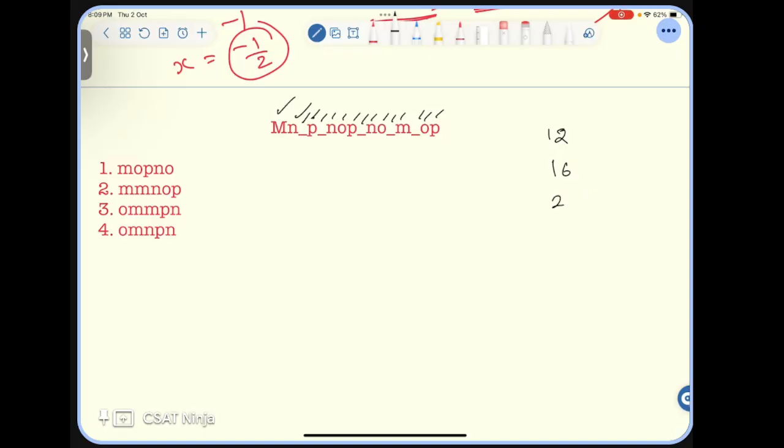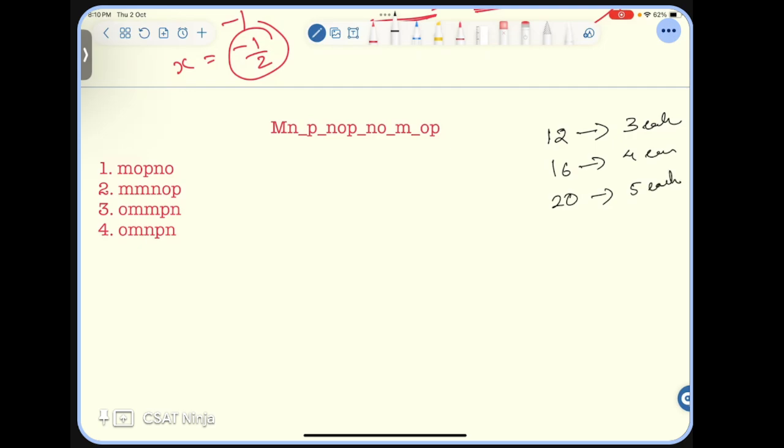Most of the time in exams, they ask for 12 numbers or 12 alphabets, anything, okay? 12 terms or 16 terms or 20 terms. What do we do? If you have 12 terms, you divide 3, 3 each. If you have 16 terms, you divide 4 each. If you have 20 terms, you divide 5 each.